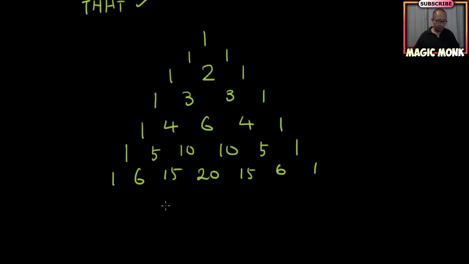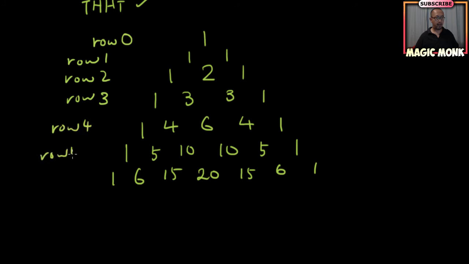But what's useful about this Pascal's triangle is that, firstly, let's label the rows. Okay, let's go row number 0, row number 1, row number 2, row number 3, row number 4, row number 5, row number 6.